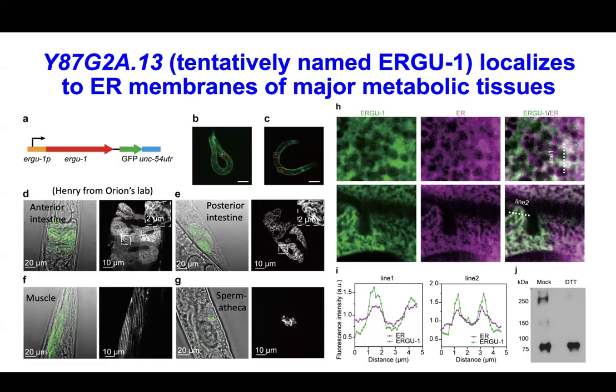And interestingly, when we run the protein from this translational reporter under normal and reducing condition, we saw this potentially redox dependent oligomerization of the protein from C. elegans.